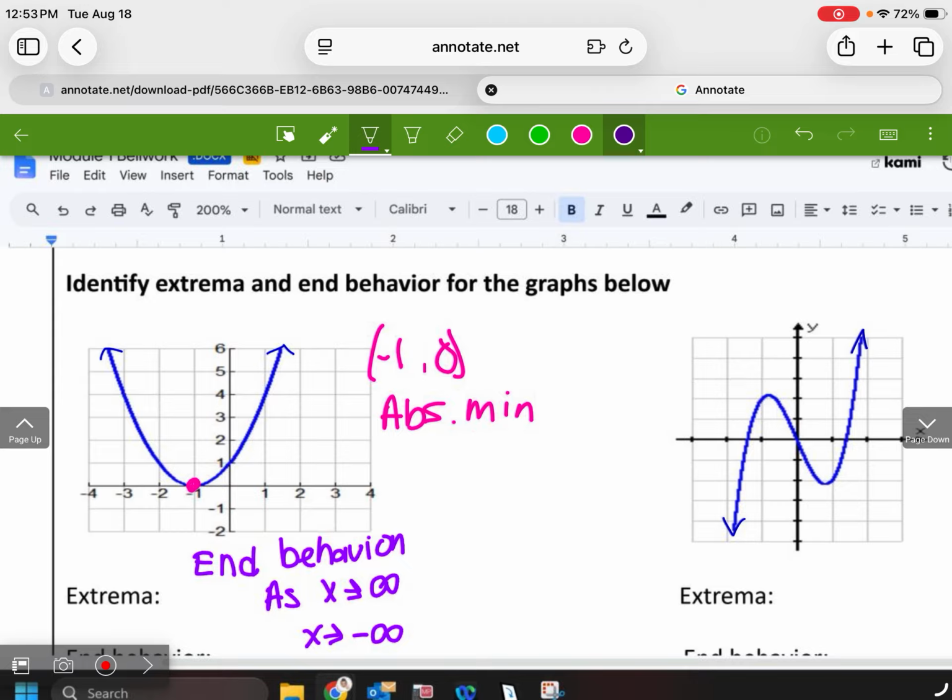We just got to be careful because we want to say as x gets big, as x goes to positive infinity, where is our graph going when x goes to the right? Where's it going? Up, down, or straight to the side? Up. So how do we say that our y is going up?